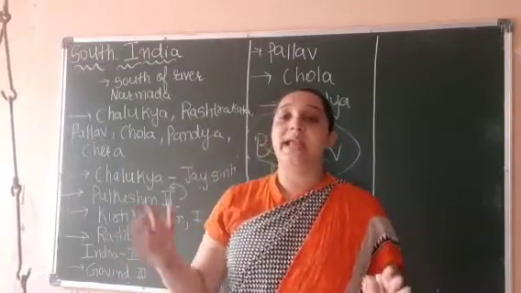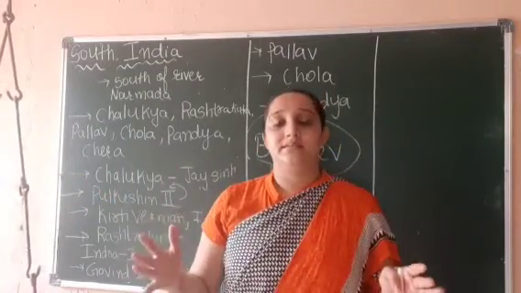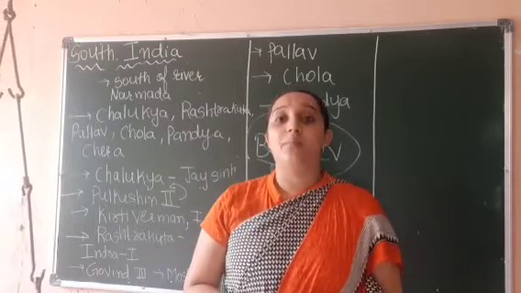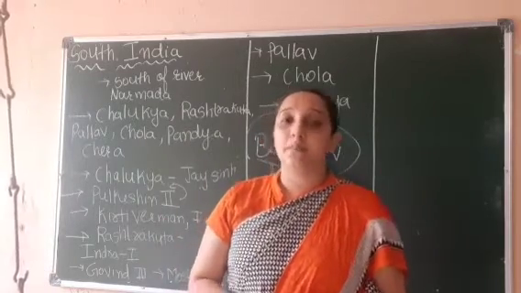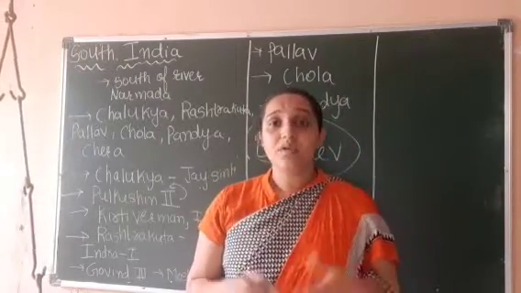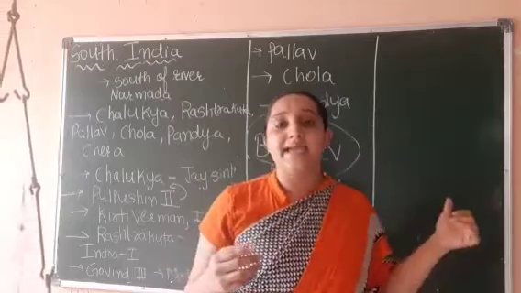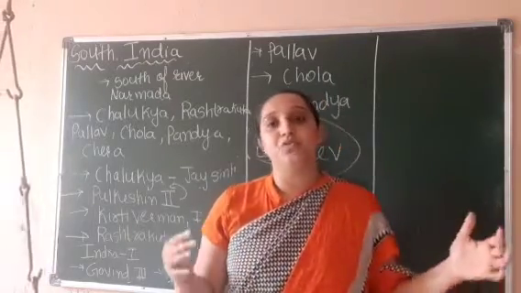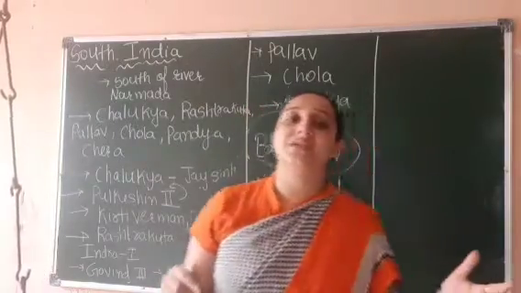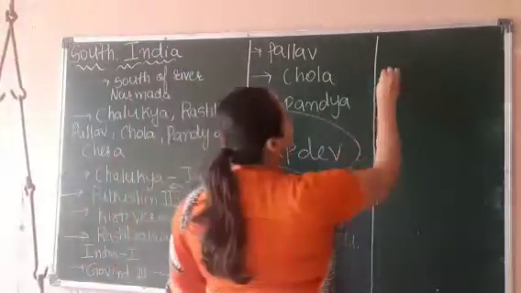It came to an end when Delhi Sultanate started arising, right? Because of Muhammad Ghazni and Sahabuddin Ghori, these people were responsible for the declining or the end of Rajput rule in India. Okay, now we are going to learn about administration of the Rajput age.